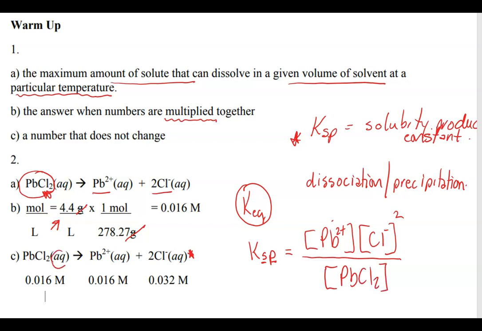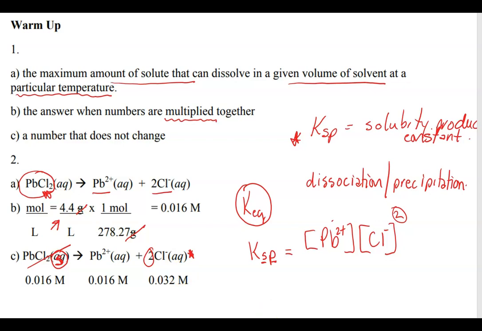Although it shows here that it's aqueous, we see that in a saturated solution, we have a solid that remains. And so we don't use solids or liquids in the equilibrium calculation. So this would disappear, and we would just be left with the product between the two ion concentrations, still raised to the power of any coefficients.